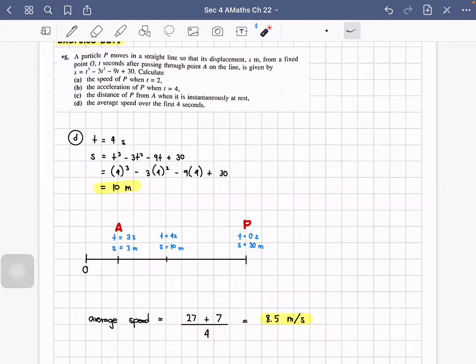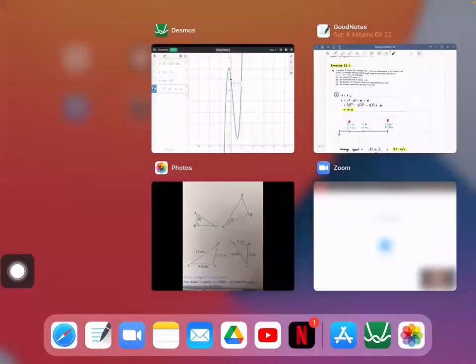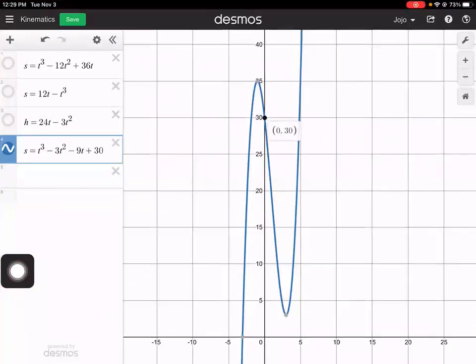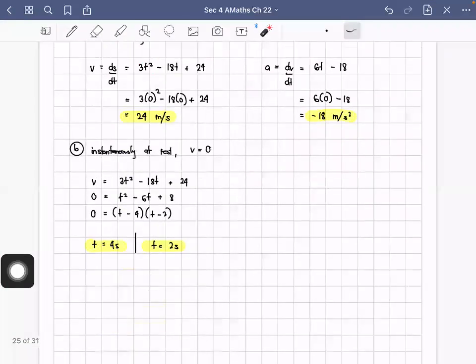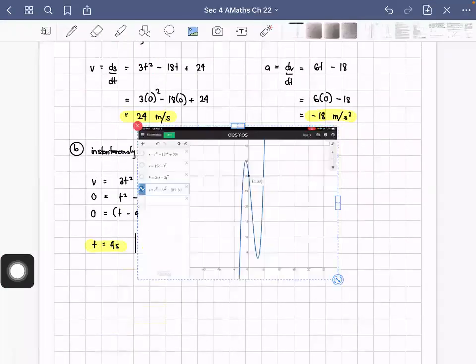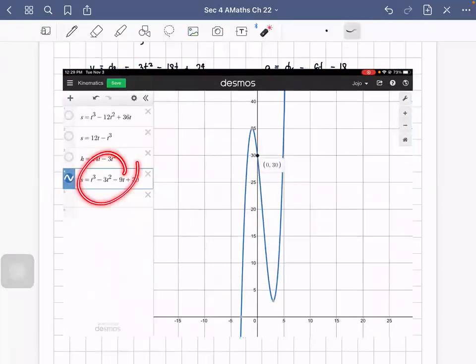Okay, so let me use Desmos in explaining this one. Again, class, you can use Desmos. All right, so again, this is the function, right? It's 30 meters away from the origin.